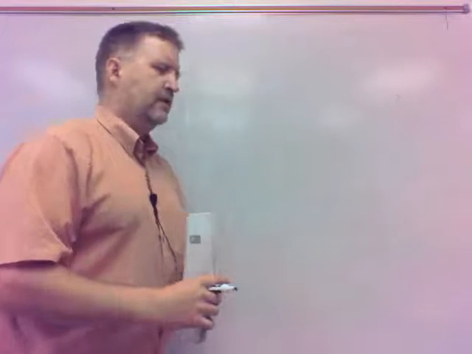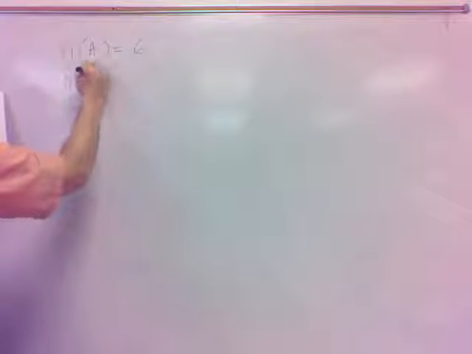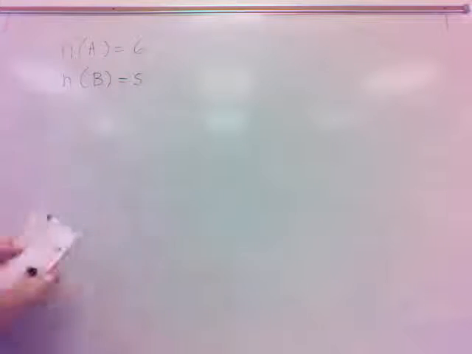All right, there's a formula we need to talk about for this section. We'll get to it in just a second, but let me start with this little example. Say I know the number in set A is 6, the number in set B is 5.